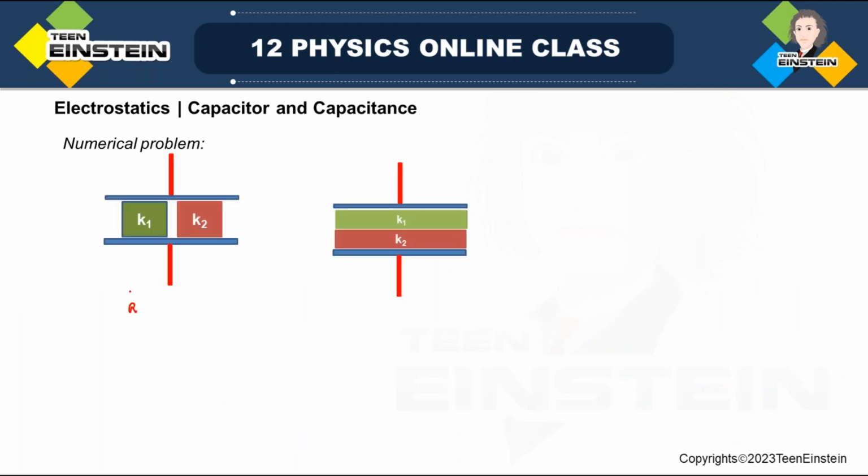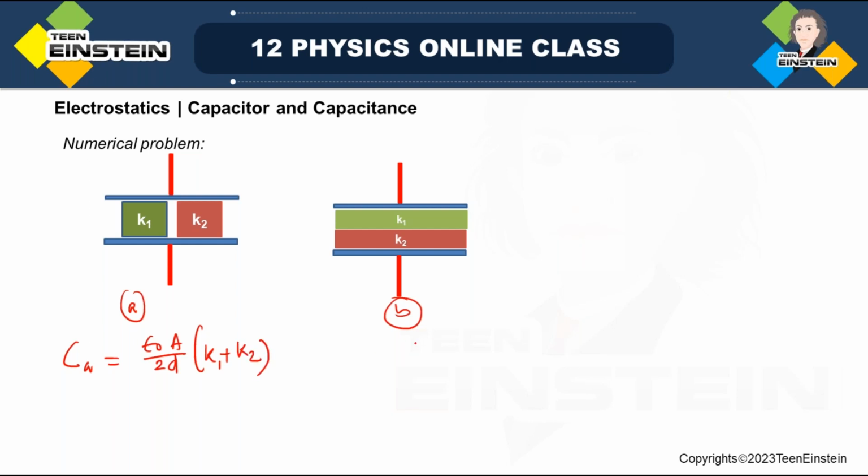So for this is A and this is B. We have to actually get the ratio of the capacitance for both arrangements. So for the first case, what we had got here, let us say this is CA, and this is epsilon 0 A by 2D into K1 plus K2.